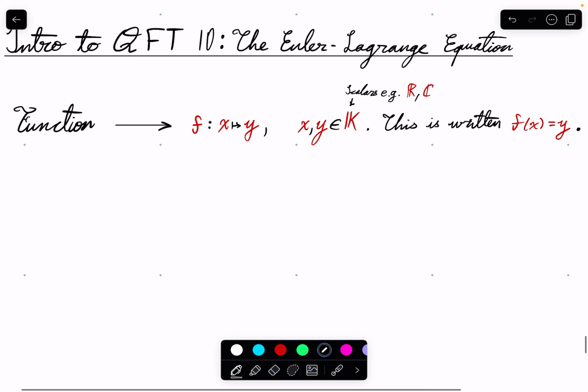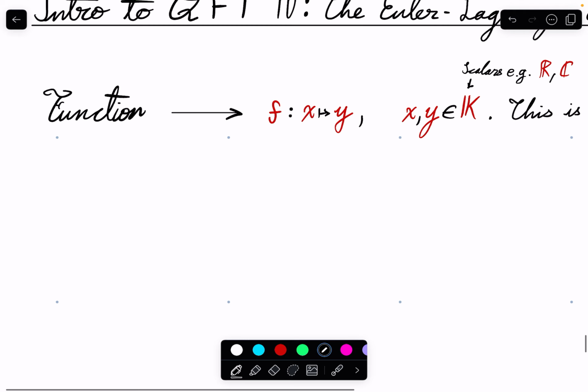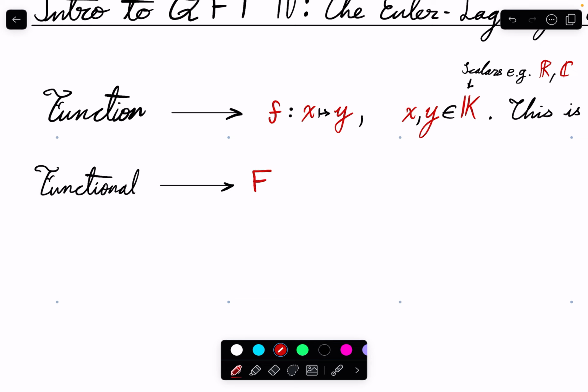Now this is some pretty basic stuff, so it seems a little obvious. Why are we talking about it? Well, a functional is similar. A functional is some object, big F, that will map from a function onto a scalar, where again x and y are scalars.